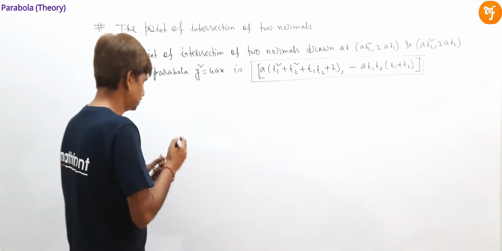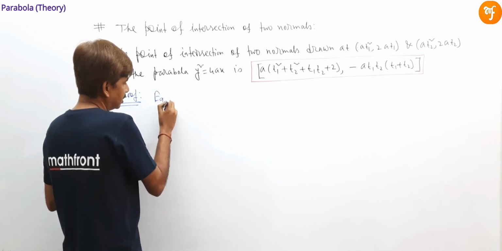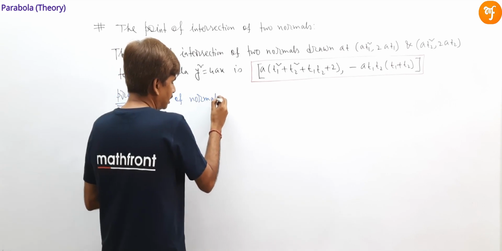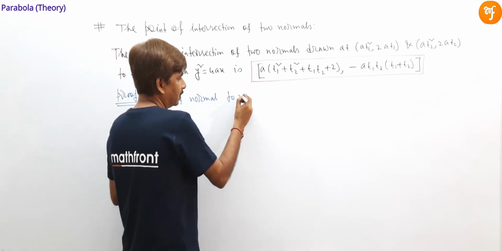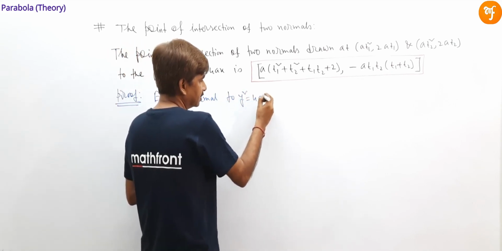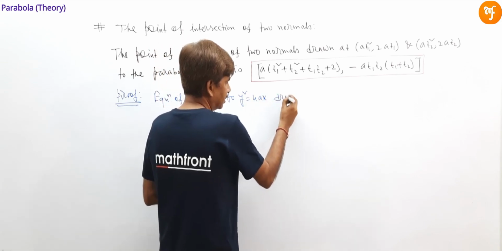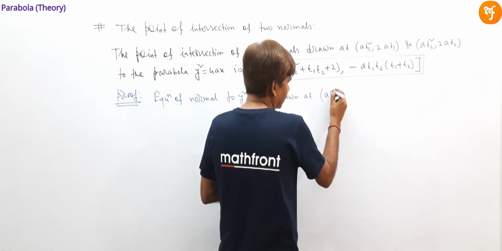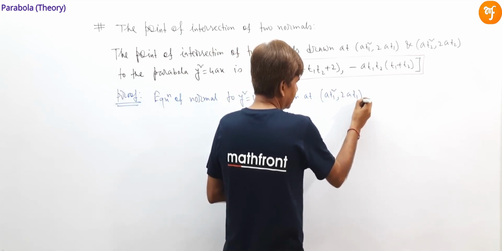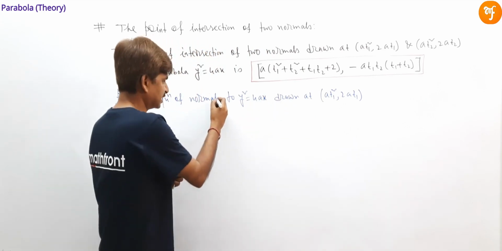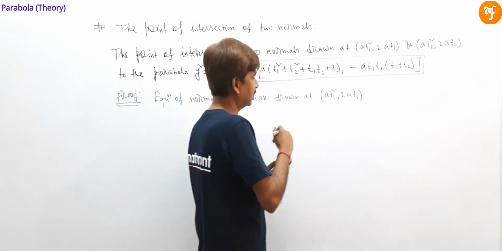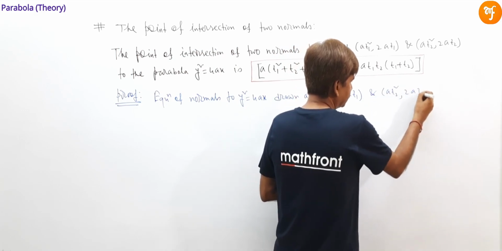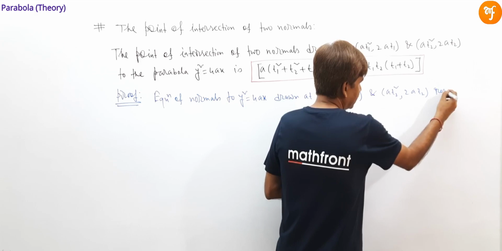So we first write the equation of the normals to y² = 4ax drawn at (at1², 2at1) and (at2², 2at2) respectively.